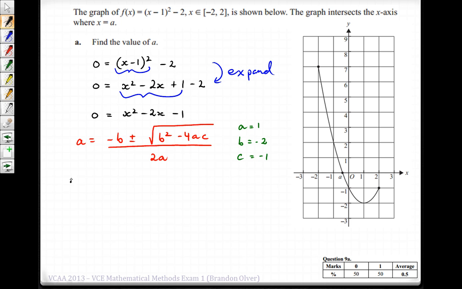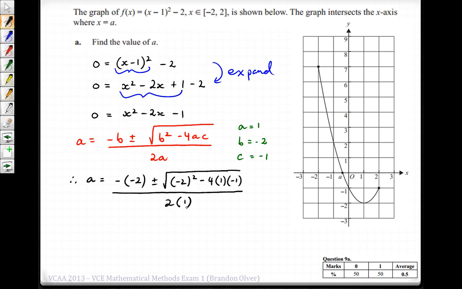So therefore x equals minus minus 2, plus or minus the square root of minus 2 squared minus 4 times a times c, over 2 lots of a.